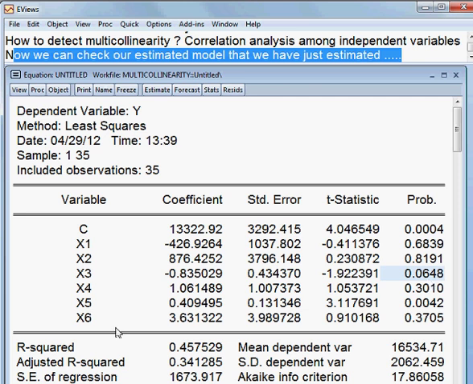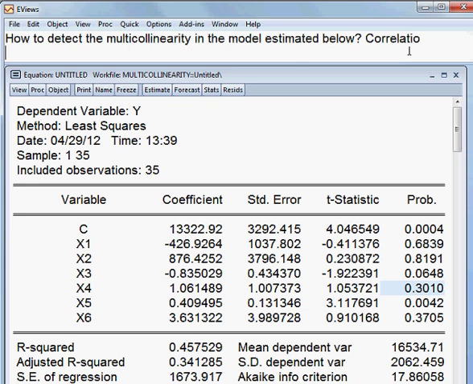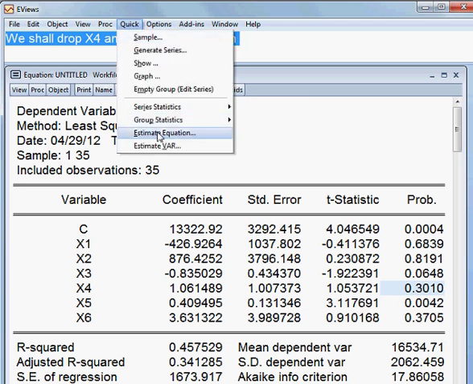So now we shall drop x4 and estimate the model again. That means what I want to do now is drop x4 and run the model again, right? Okay, I go to Quick, Estimate Equation, right?